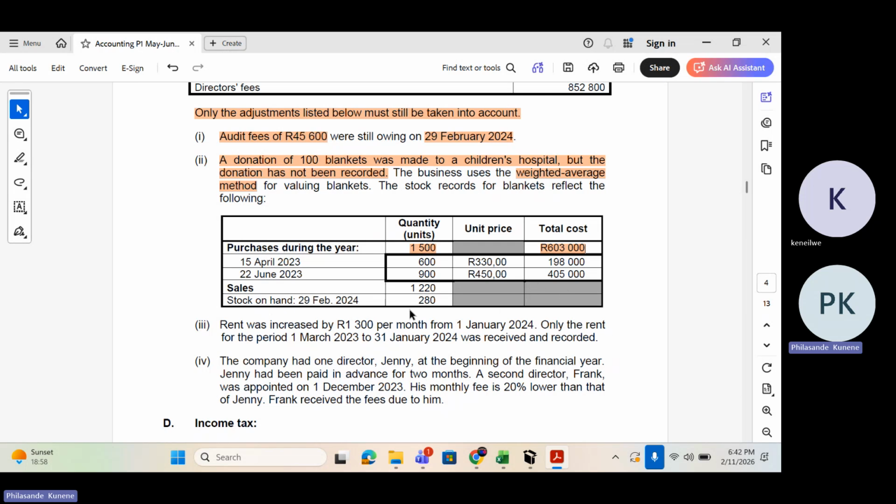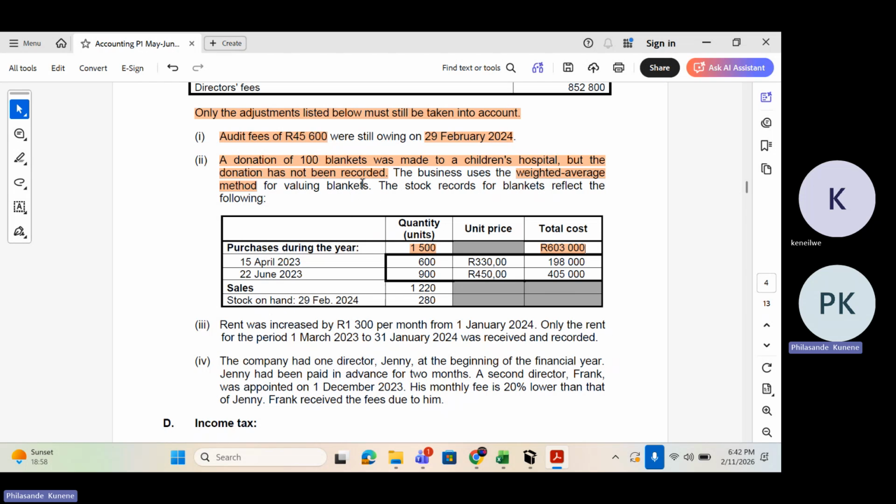Sales, stock on hand, 280,000. We need to calculate a weighted average here because we're going to have a donation expense that needs to go to our income statement that was not recorded, but at the same time, our trading stock is overstated in the balance sheet.